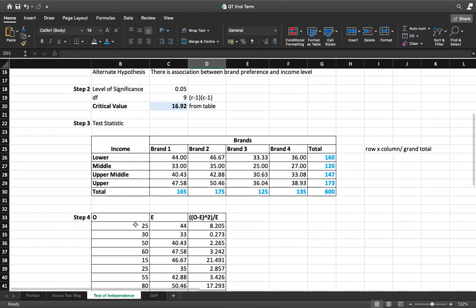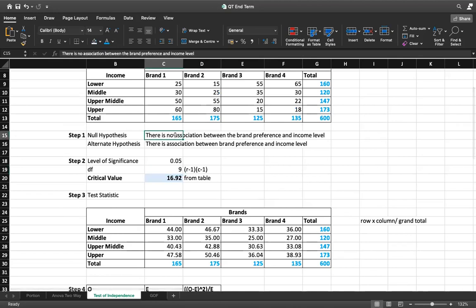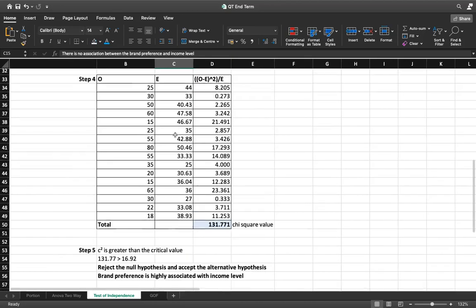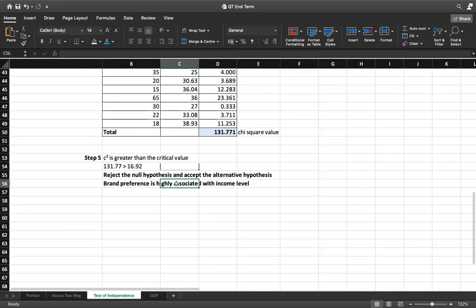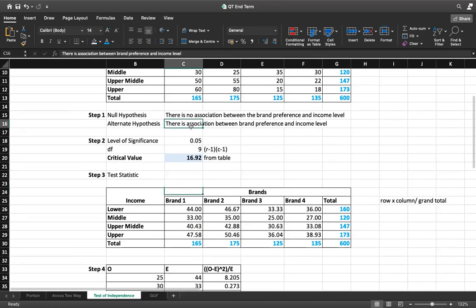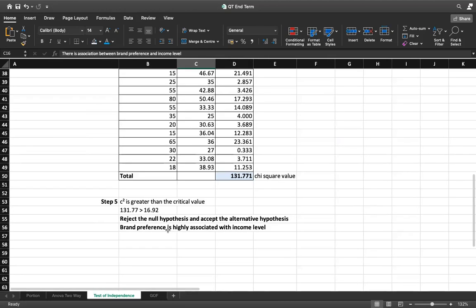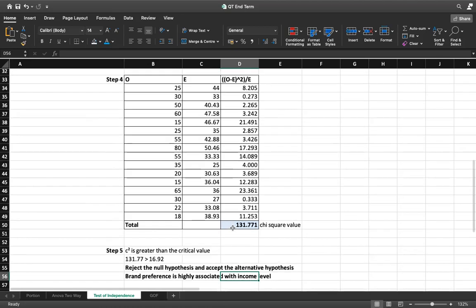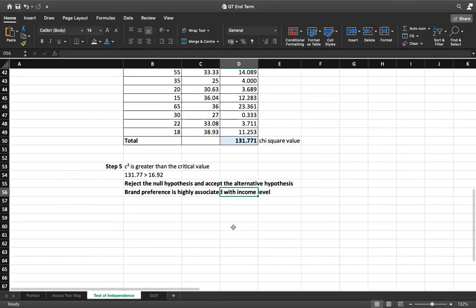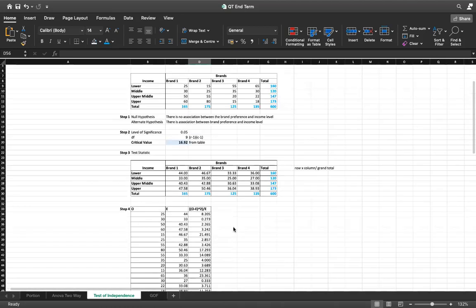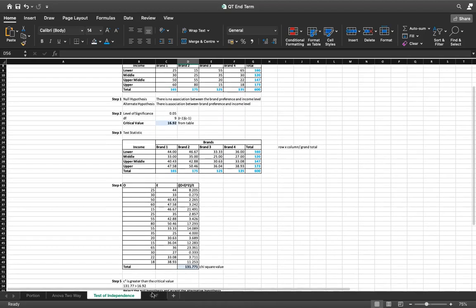Our null hypothesis was that there is no association, and your alternate hypothesis was that there is association. So that is what I've written: time preference is highly associated with income level. Cool, which is something that I think all of us know. So this is your test of independence.